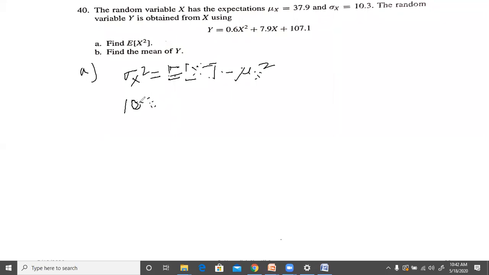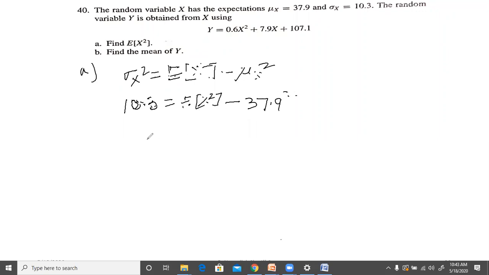10.3 equal to, this value is to be found, E of x square, minus 37.9 square.